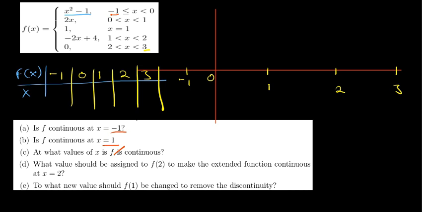For -1, the function that applies is this quadratic equation. -1 is included because of the less than or equal to x part. If you put -1 in that equation, -1 squared is 1, minus 1 gives us 0. So we are starting at the point (-1, 0).